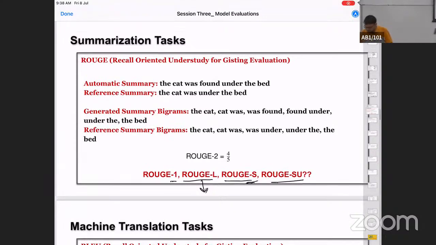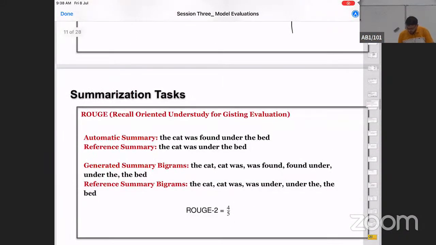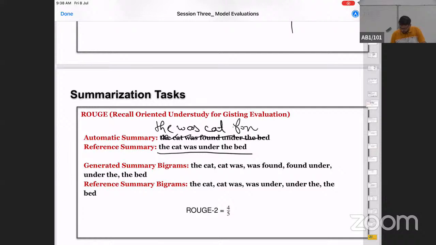For example, for a given reference summary, maybe we have this kind of summary. You have bigrams like the cat, was under the bed, and all these bigrams are there in the reference summary.